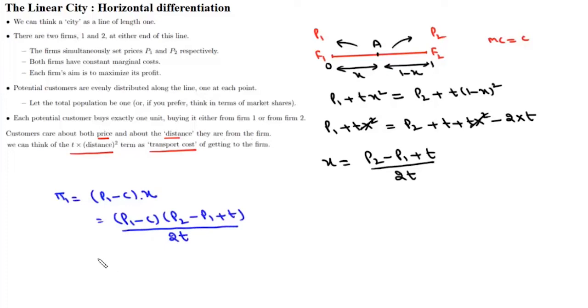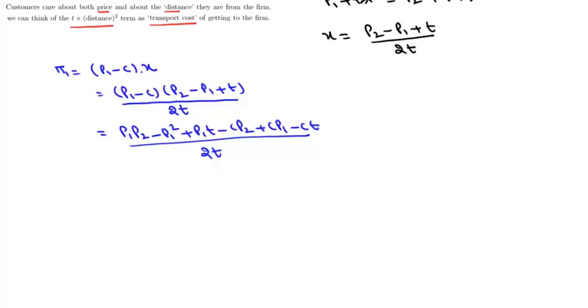Multiplying this out, we can write it as P1P2 minus P1 squared plus P1T minus CP2 plus CP1 minus CT, upon 2T. Firm 1 wants to maximize its profit, so we find the best response for firm 1.